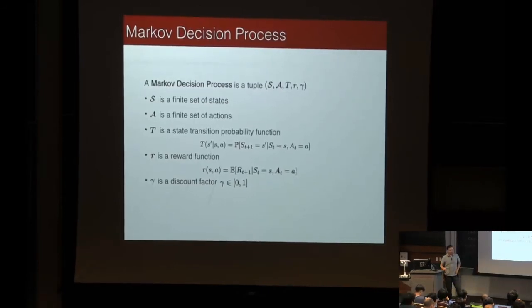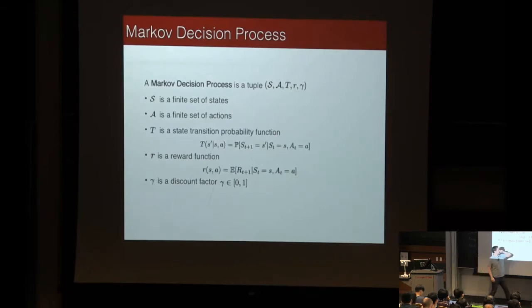R is the reward function, right? We'll look at the definition of what that means, but think of it as an expected reward given you're in a particular state and you take a particular action, right? In many cases the reward would be just one reward, but if it's an expectation, it could be a distribution of possible rewards. Again, we're working within the probabilistic setting here.